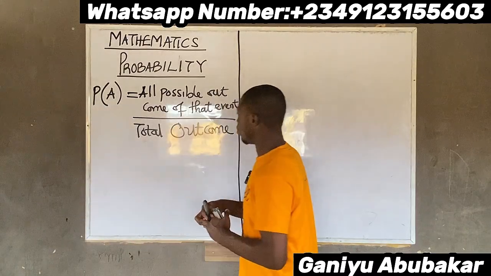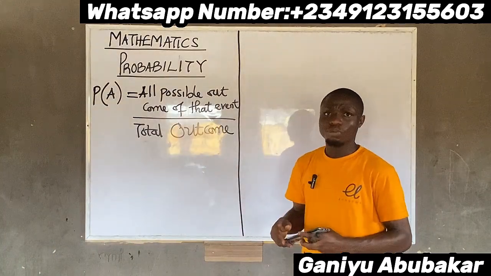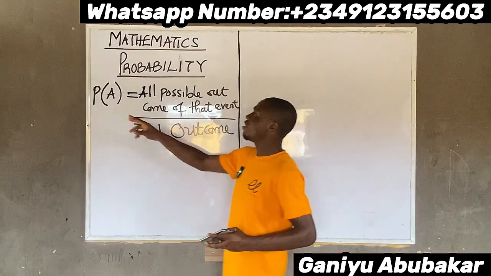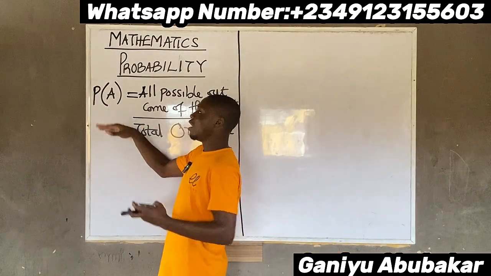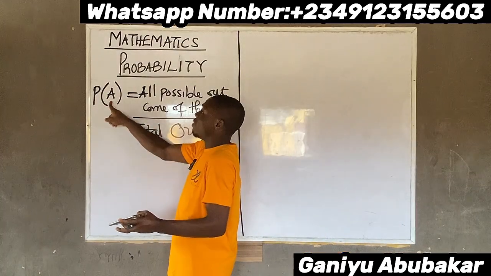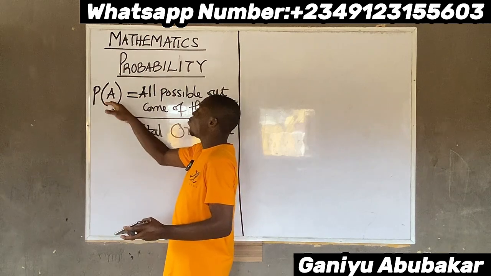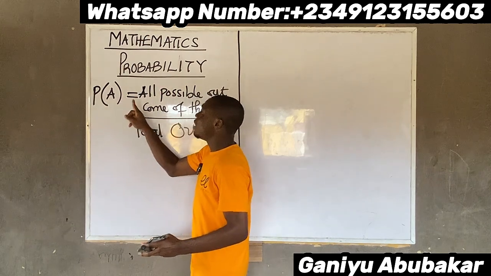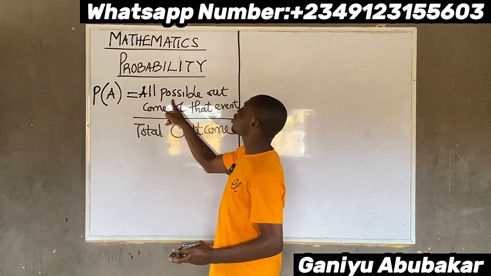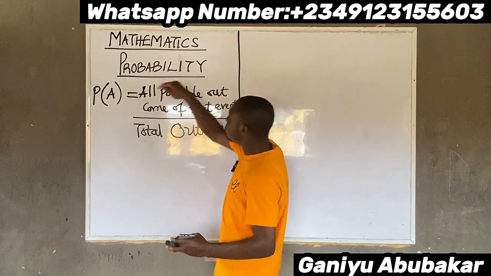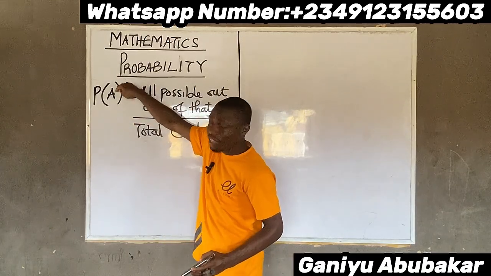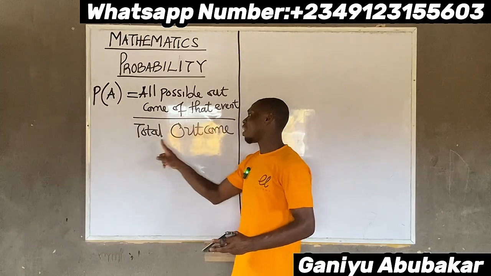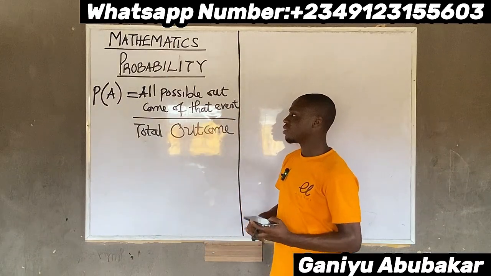Alright, this becomes your formula for probability. So given the probability of an event, in this case let me use event A, I could put B, I could put C, whichever. That is equal to all possible outcomes of that event, all over total outcome, right?